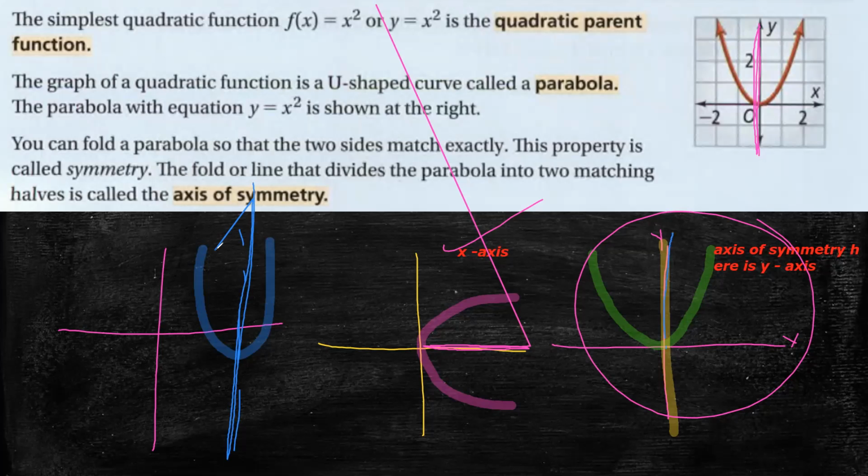If the line is on the x-axis or on the y-axis, I will say it is axis of symmetry. This is not so important. I want you just to look, for 1 minute, at the pink circle. Look at this parabola. It could be upward or downward. This is for our chapter. And the axis of symmetry here is the y-axis.